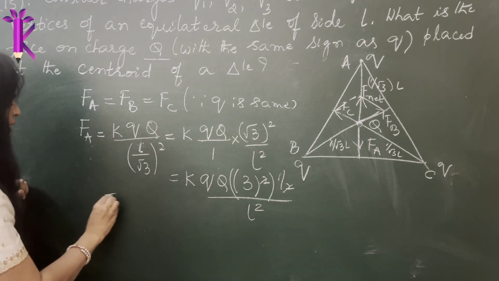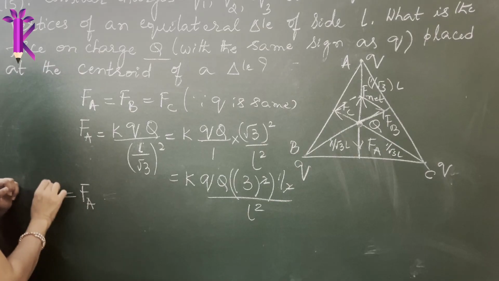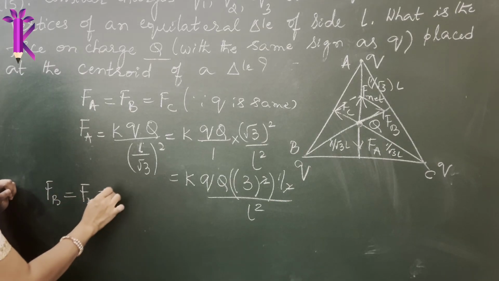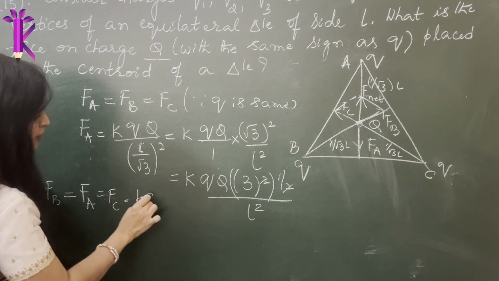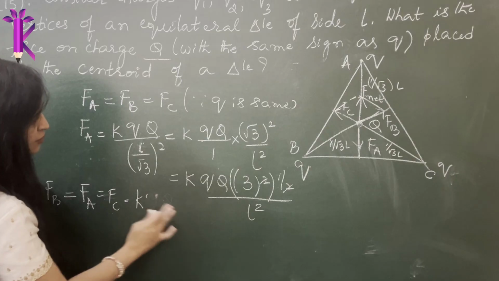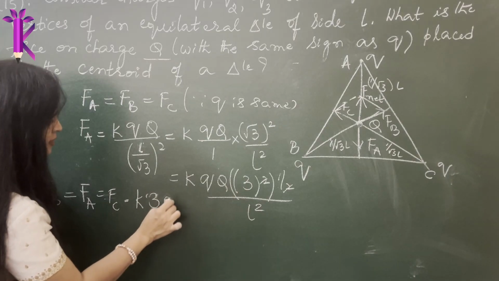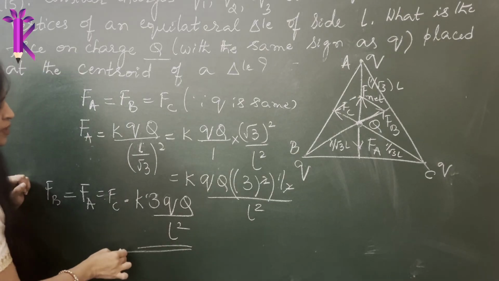So what will be your final answer? FA equal to FB equal to FC, all of them are going to be equal to K into 3Q divided by L square. So this is going to be the force.